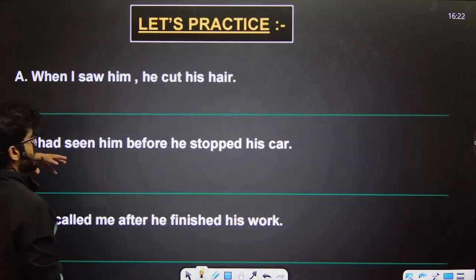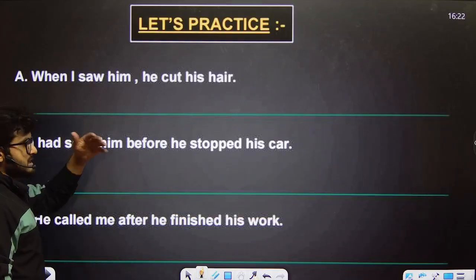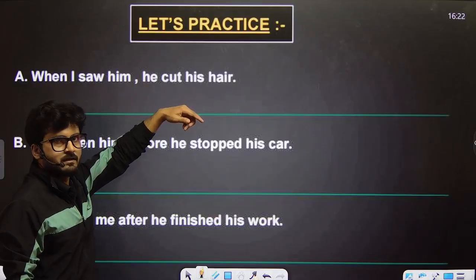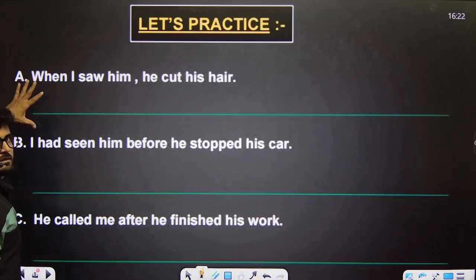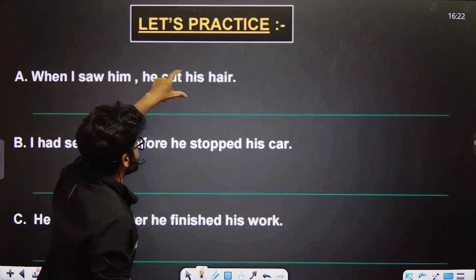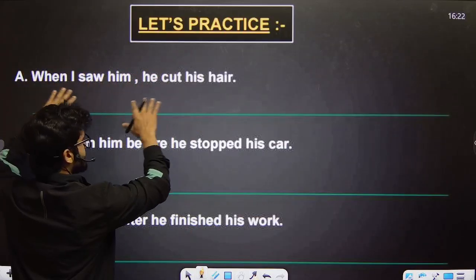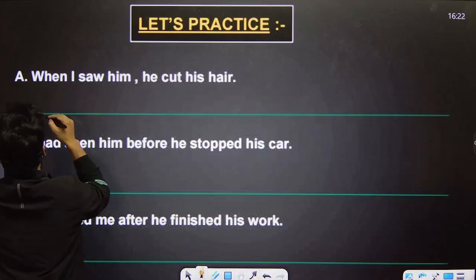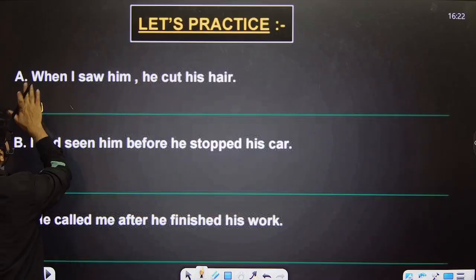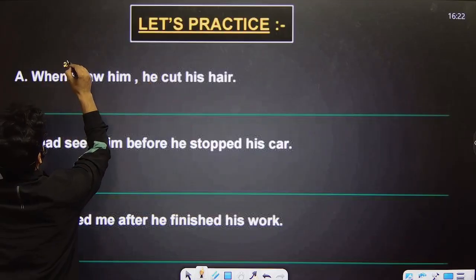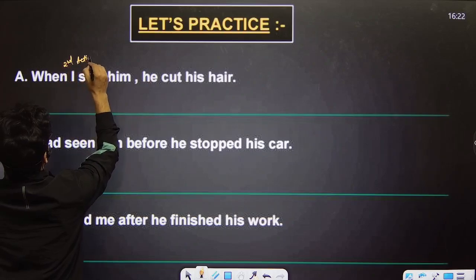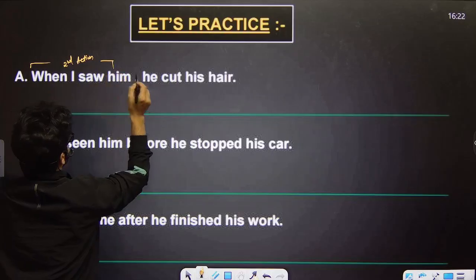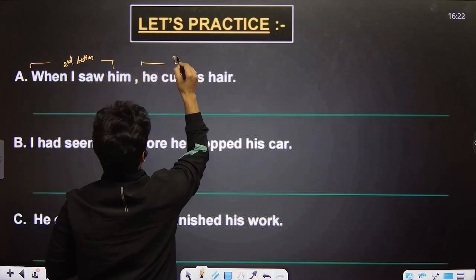So which one is the first action? First action is he cut his hair. After that only he was seen by the other person. So this is the first action, and both are happening in the past scenario. So when I saw him, let's try to write it. When I saw him, this is the second action. This is the first action.